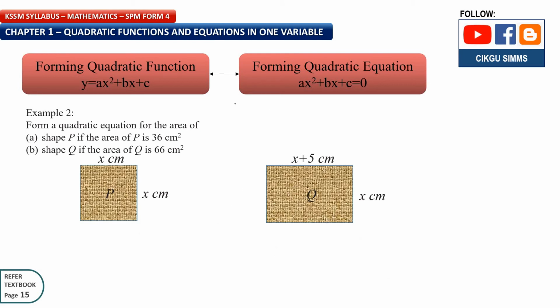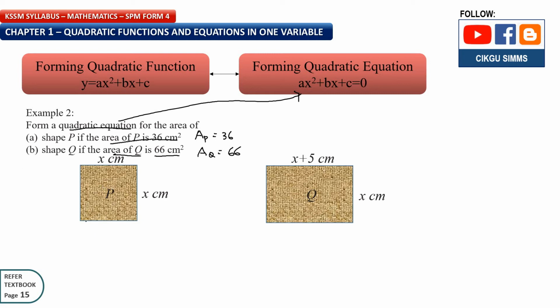Okay, so second example, form a quadratic equation for the area of P and also Q. For P, the area of P is given as 36. For Q, the area of Q is given as 66.